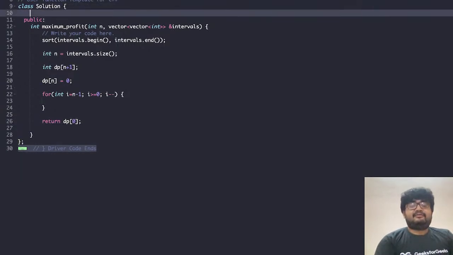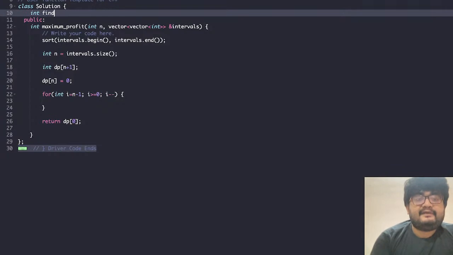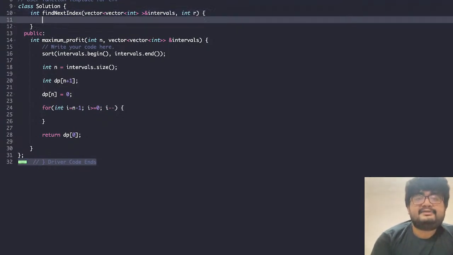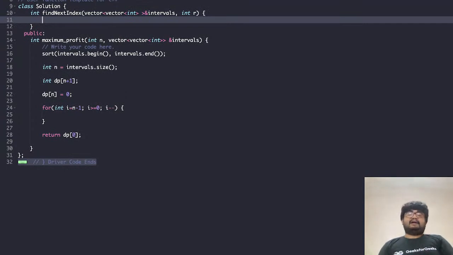So we have to write a method, int find next index, and we have the vector, so we'll pass in the intervals here. Vector int, we'll pass the reference intervals, and int r value.